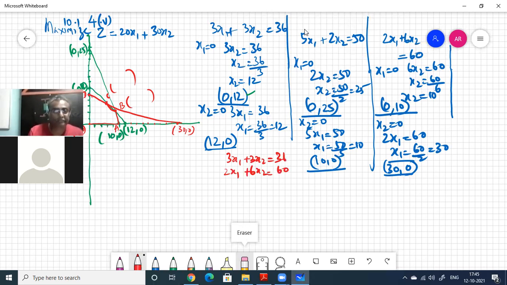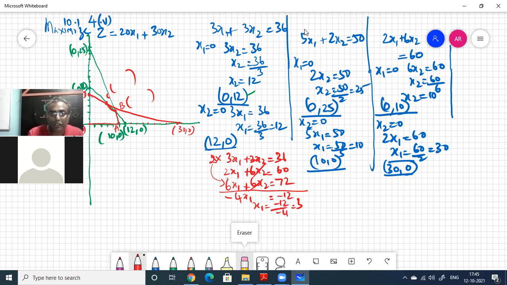Okay, last line. So you can multiply this by 2. If you multiply this by 2 and put it here, it becomes 6x1 plus 6x2 is equal to 72. You subtract this, minus 4x1 is equal to minus 12. x1 is equal to minus 12 by minus 4, equal to 3. x1 equal to 3.